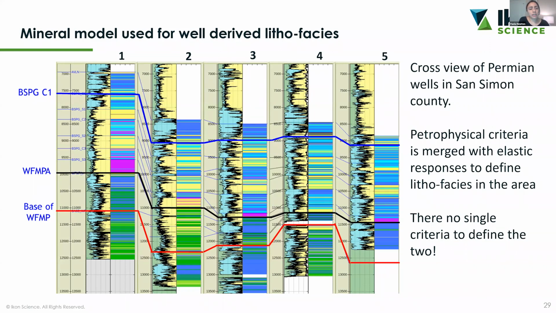Here you see a cross-section of some Permian wells in San Simon County. The petrophysical data has been used and merged with elastic responses to define the litho-facies that you see in these tracks. So you have, for example, limestones in dark blue, and siliciclastics or quartz-rich facies in yellow.